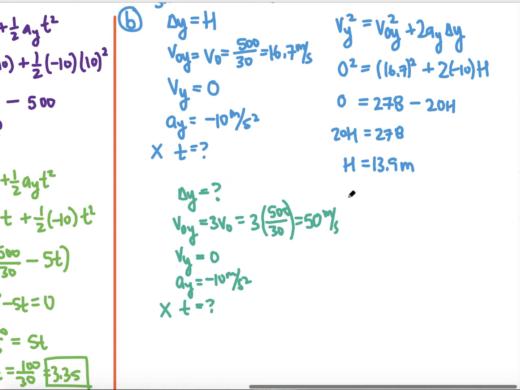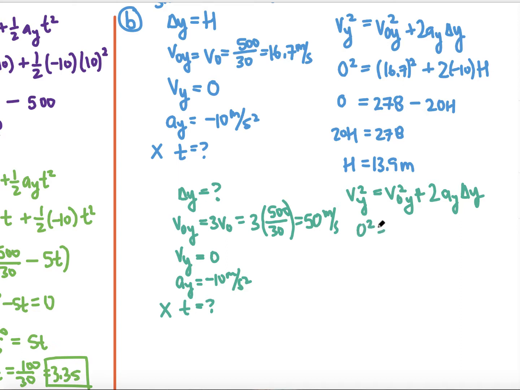So now we have these 3 things. We can go to our third kinematic equation once more. So v final squared equals v initial squared plus 2 times acceleration times delta y. And so we're solving for delta y in this case. So we plug in our 0 squared, 50 squared, plus 2 times -10 times our unknown delta y.